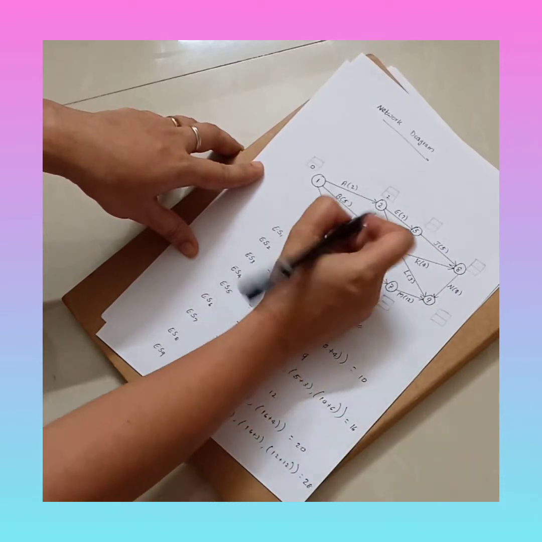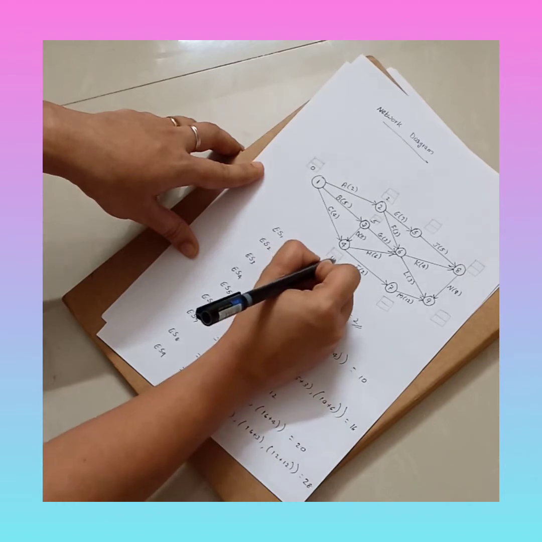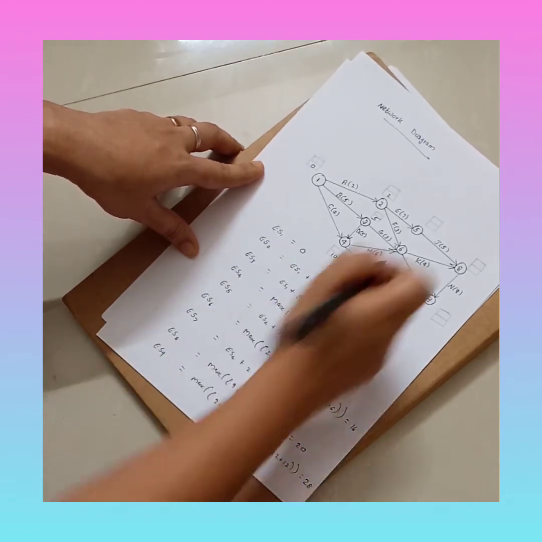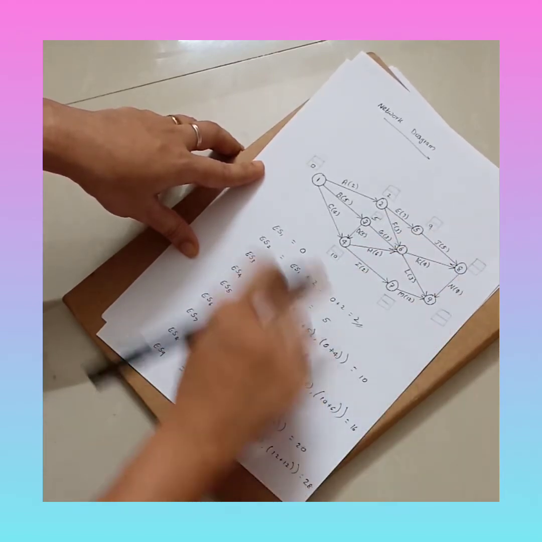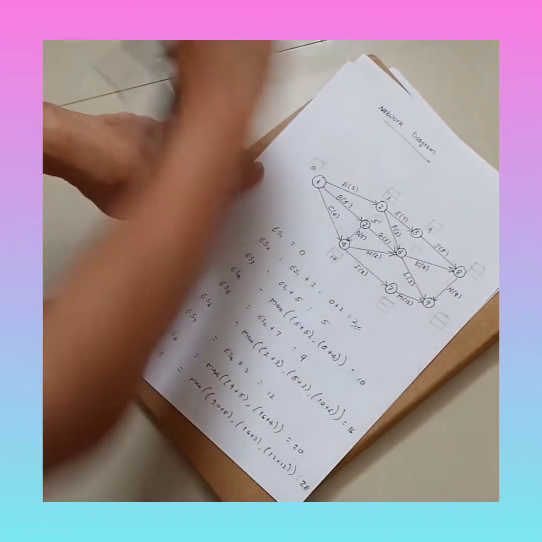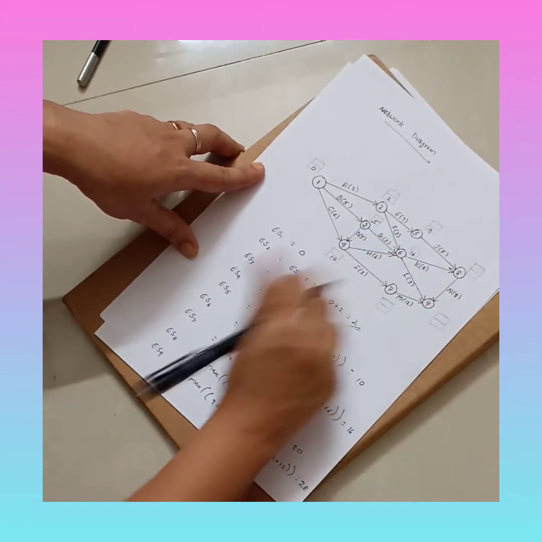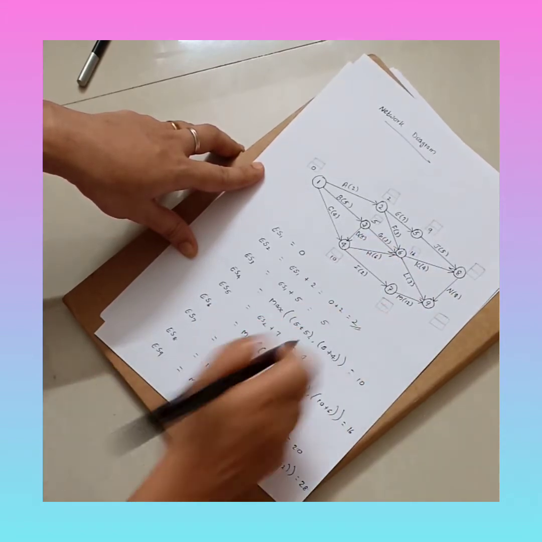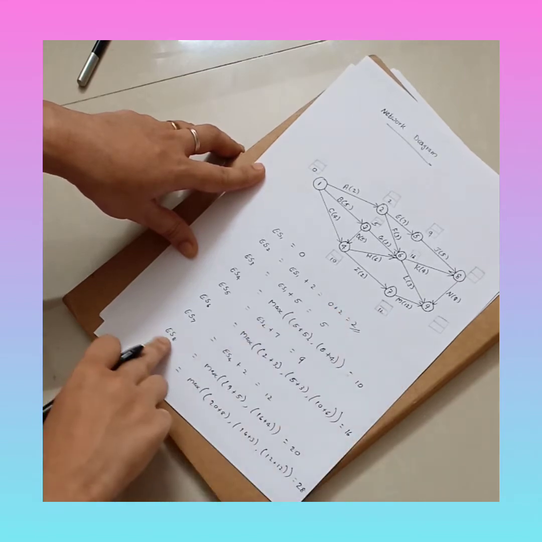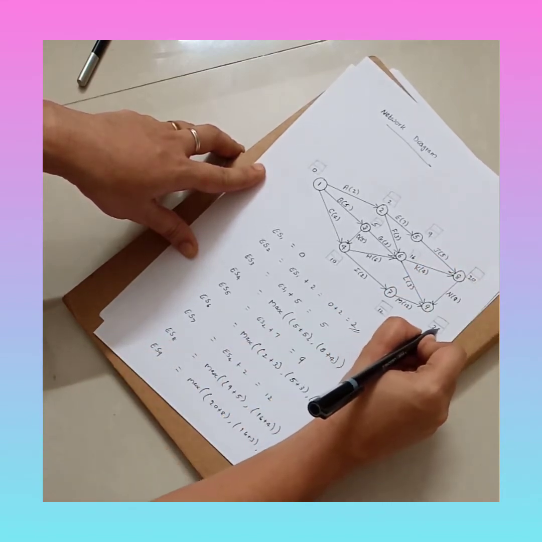Then ES4 is 10, ES5 is 9, ES6, you need to draw one more box. Okay, ES6 is 16. ES7 is 12. ES8 is 20. And ES9 is 28.